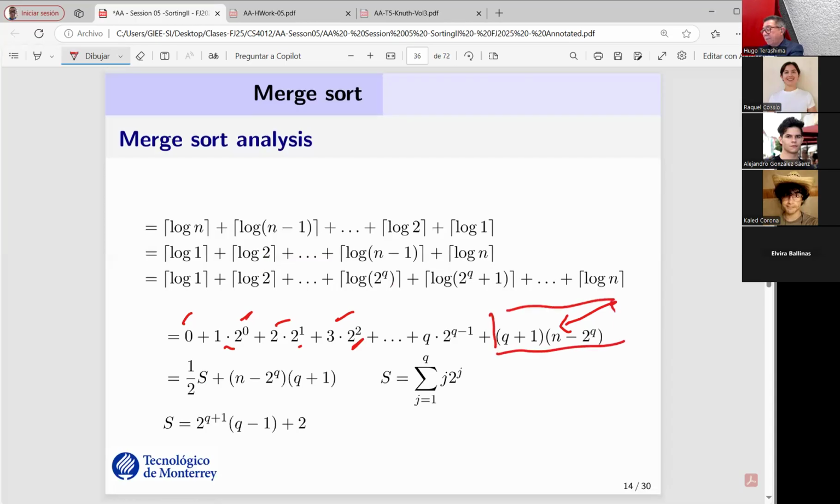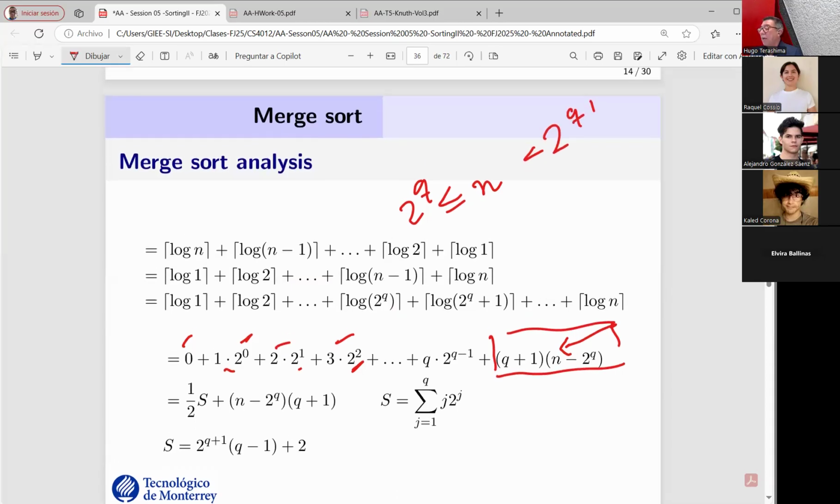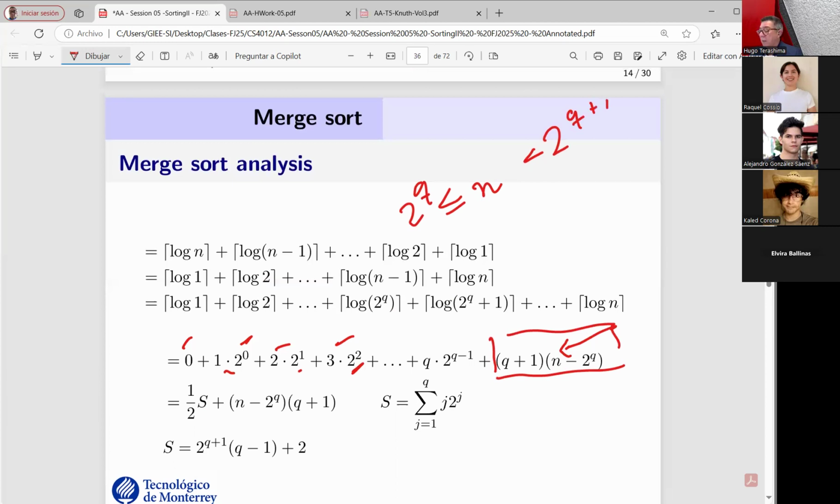What is this? q plus 1. Remember, n is at least 2 to the q and less than 2 to the q plus 1, right? So who is going to have a value of q plus 1?